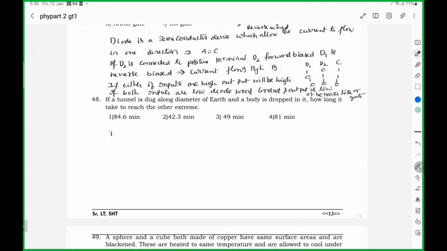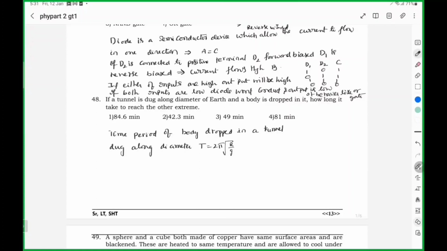Here, time period of a body dropped in a tunnel dug along the diameter is 2 pi root.